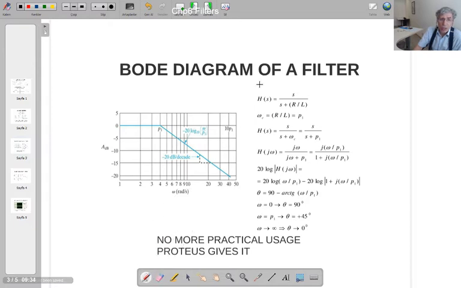Bode diagram. We were using the Bode diagrams when we didn't have these simulation programs.